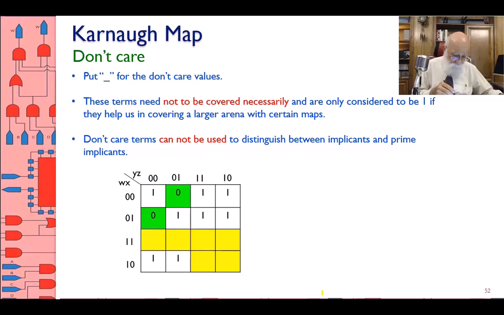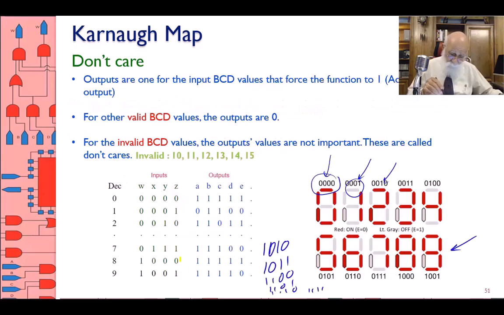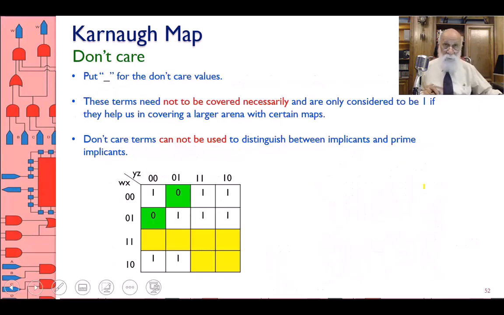Okay? 2 zeros there. 1, 2, 3, 4, 5, 6, 7, 8 ones there, 2 zeros there, which you are seeing, and the yellow ones, you don't care.